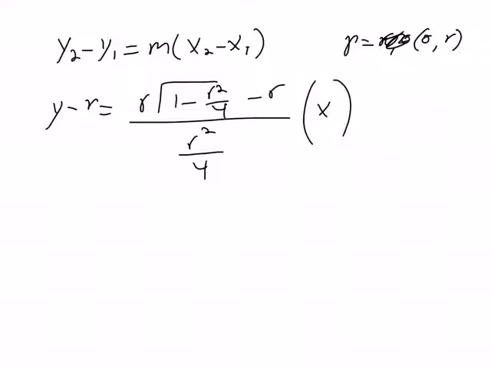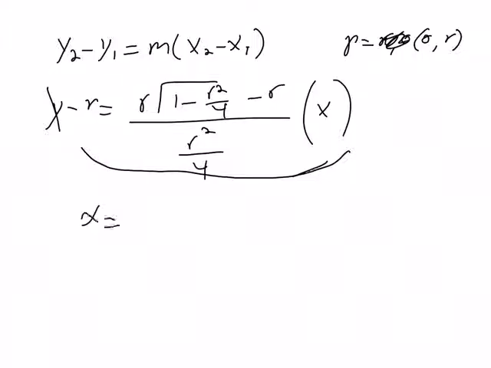Our line intersects the x-axis when y is 0. So let's take y equals 0. This is where we intersect the x-axis in the general case. So let's just solve for x.